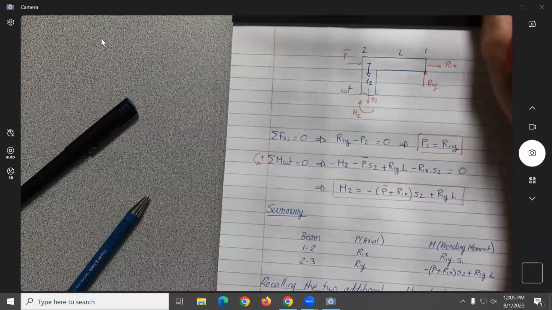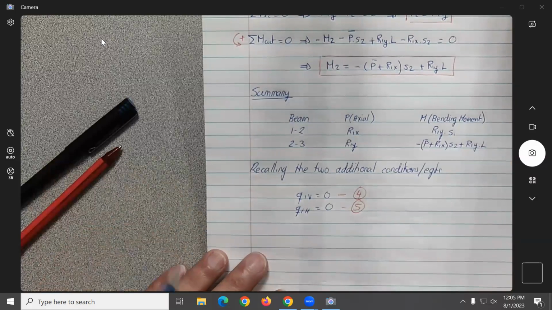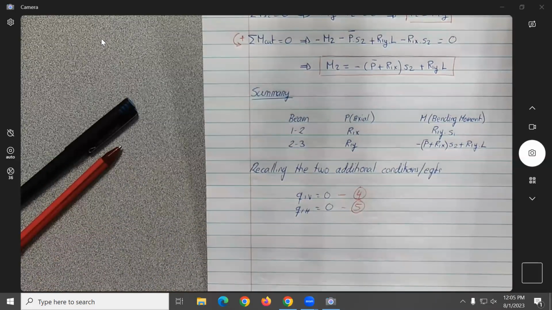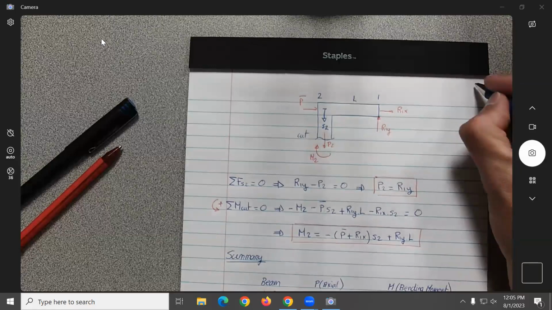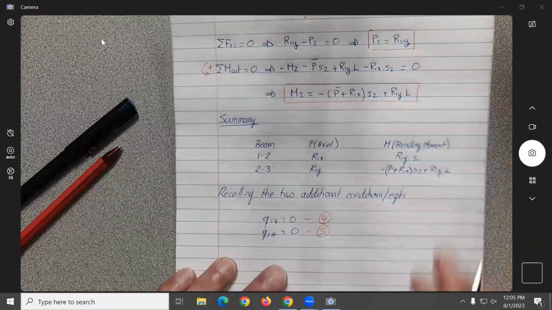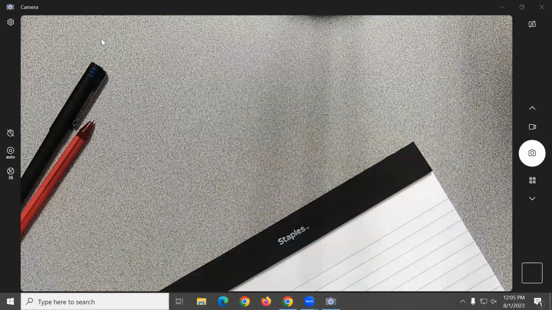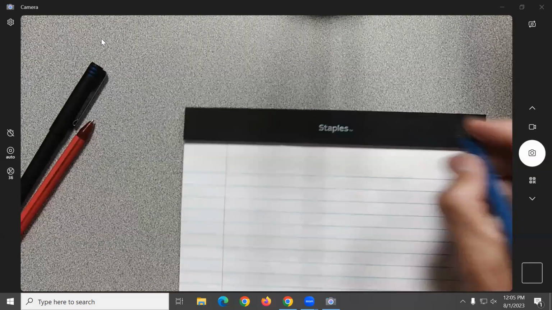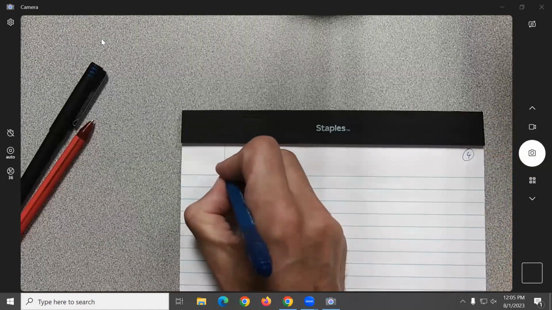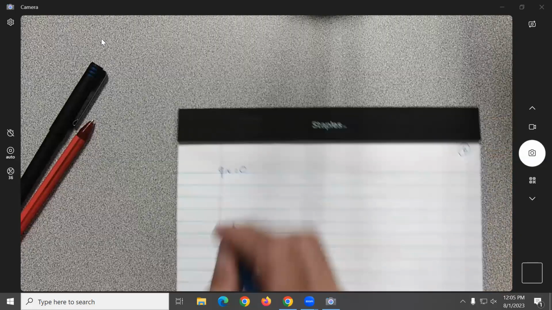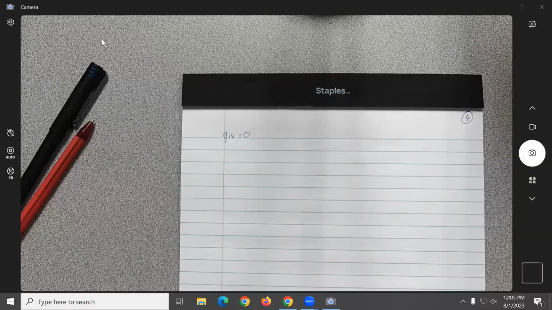Okay, I'm going to go to the next page. We're going to start with Q1 vertical. So Q1 vertical equal to 0.